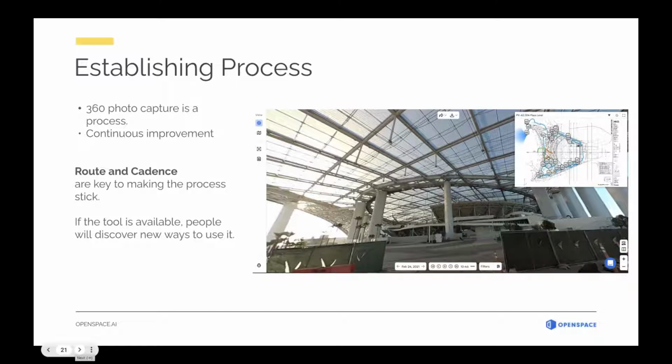Yep. So of course, continuous improvement is a pillar of lean and lean construction, and we always think about improving processes, but the sad reality is that a lot of our work is really about establishing process and sustaining or maintaining processes.